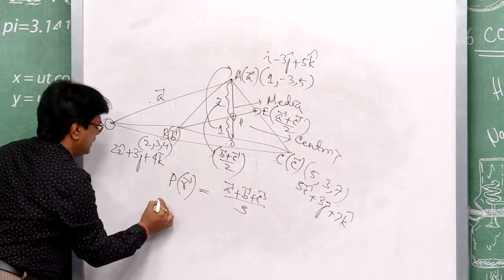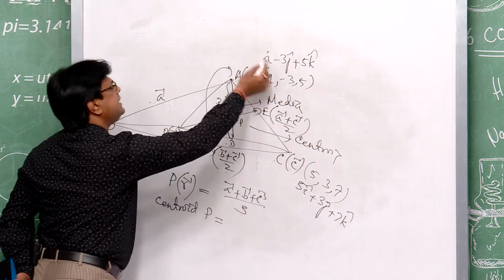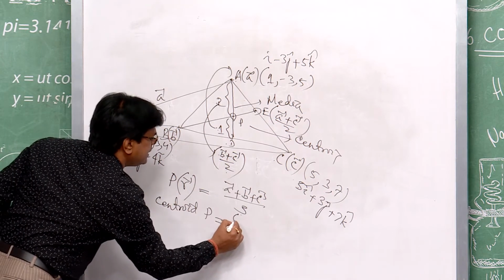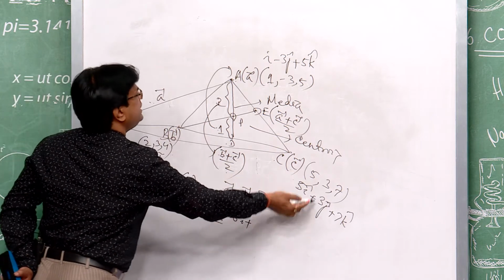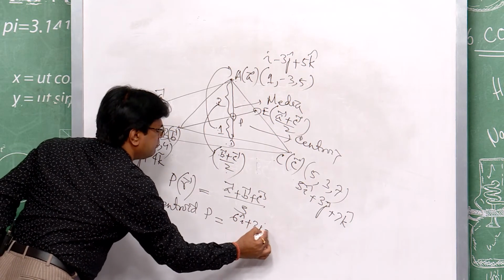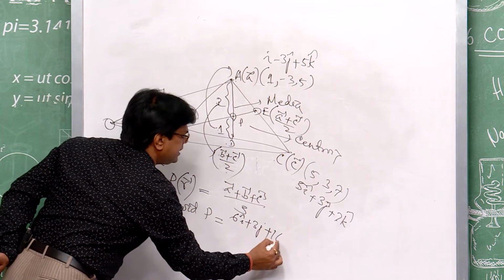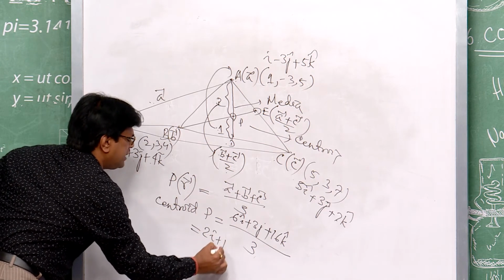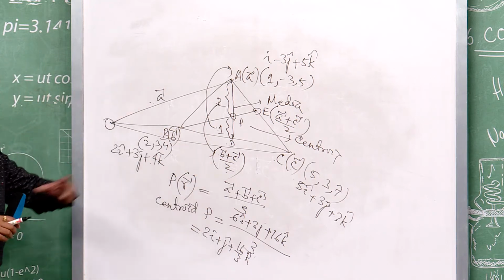So the centroid P is: adding these, 1 plus 2 plus 5 is 8... the result is 2i plus j plus 16 by 3 k. So this is the coordinate of the centroid for this question.